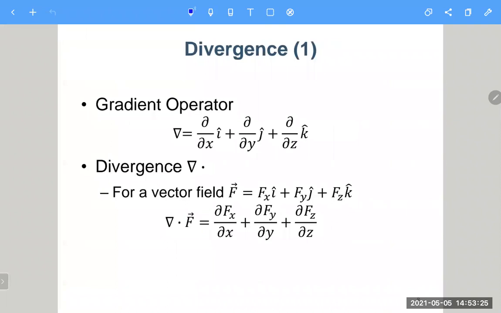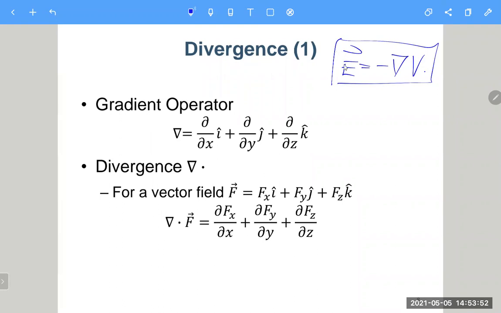So let's see how we can do this more rigorously. Here is the gradient operator. You should have seen it in chapter 24. At that time, we know that E is actually minus gradient V, if you still remember.